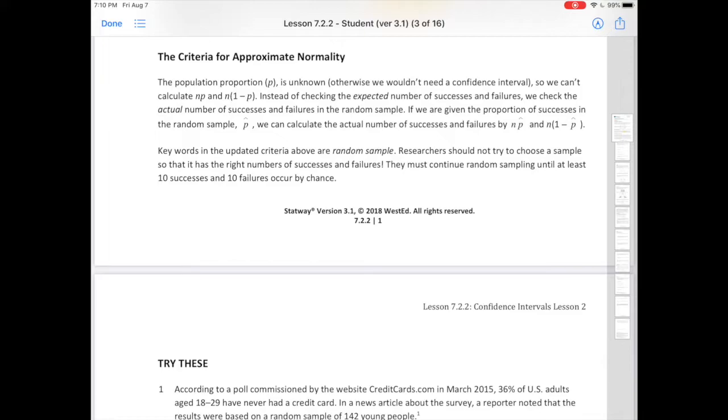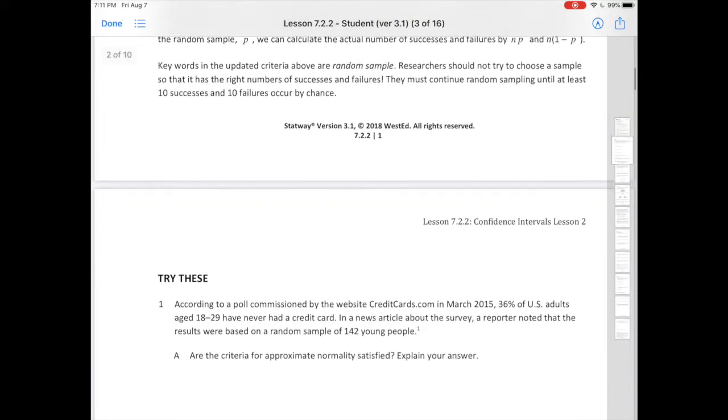If we are given the proportion of successes in the random sample p hat, we can calculate the actual number of successes and failures by n times p hat and n times 1 minus p hat. Okay, so this is if you're given the p hat. If you're not given the p hat, you could just calculate p hat yourself, right?